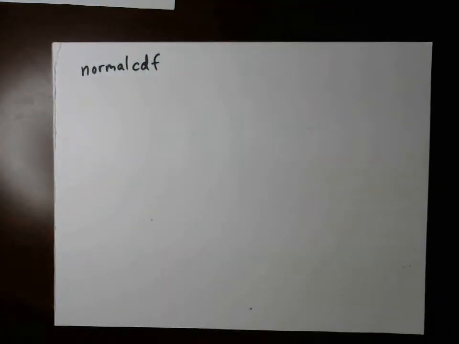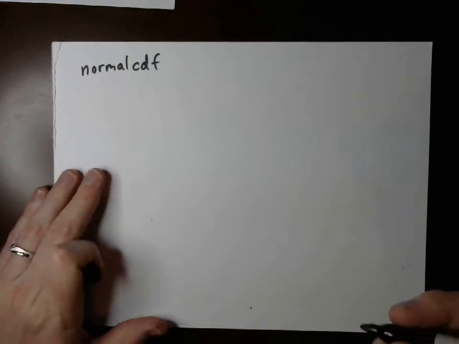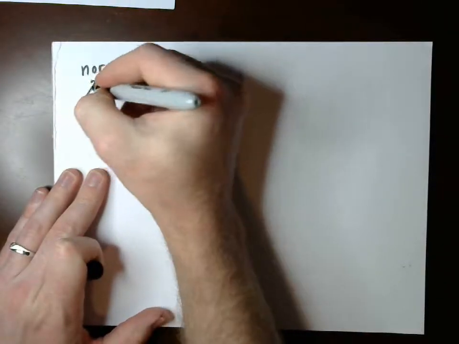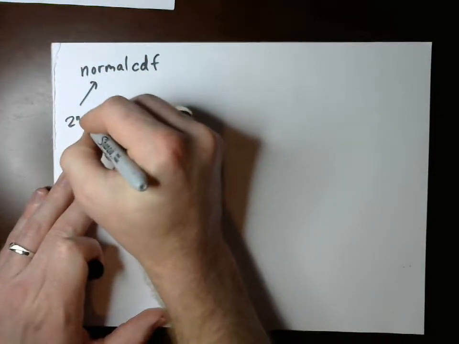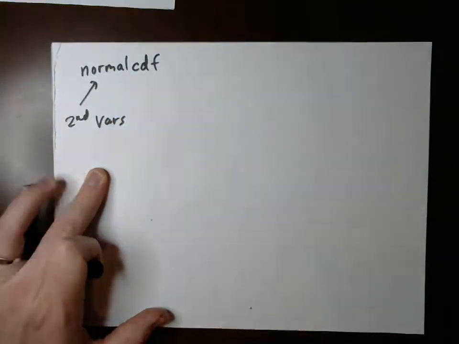The normal CDF function will help you find a probability given some information. So normal CDF can be found under second vars.